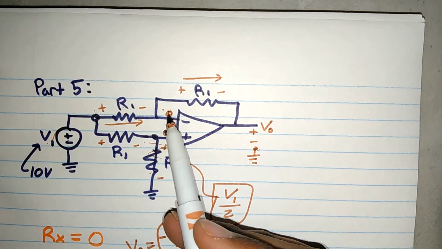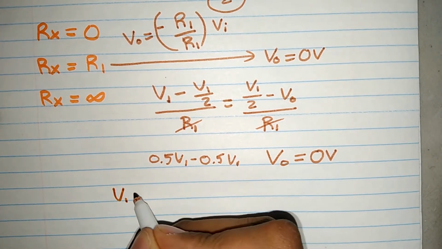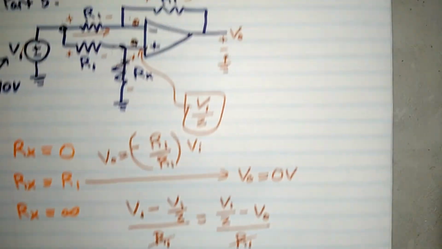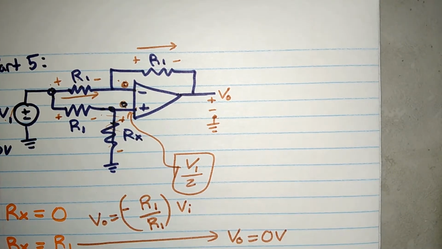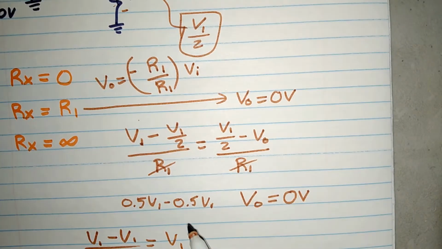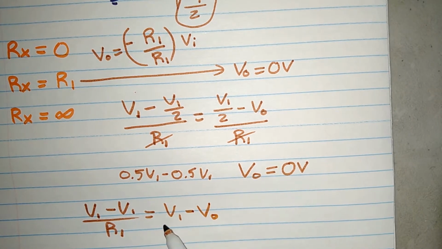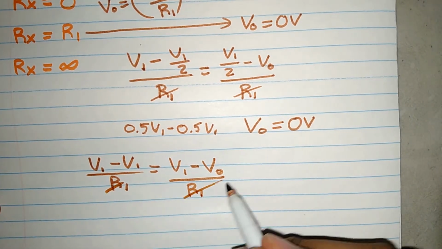So, in simplest terms, I'll just show the equation quickly. V1 minus V1 over R1 must be equal to, this node is V1 as we said, because there's no current, V1 minus V out over R1. R1's cancel.